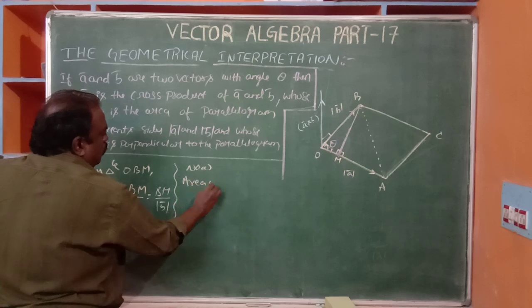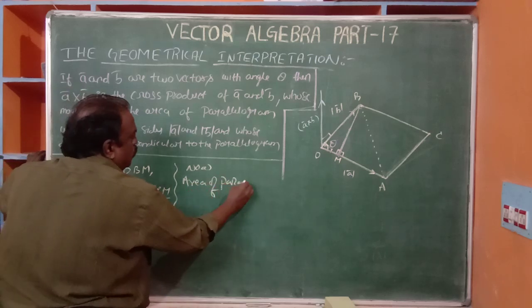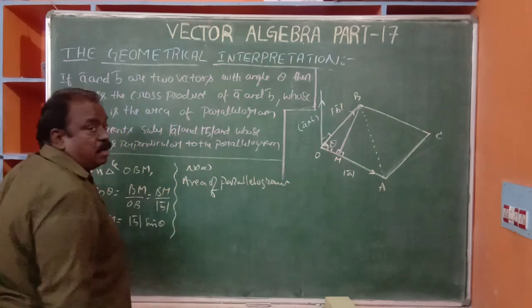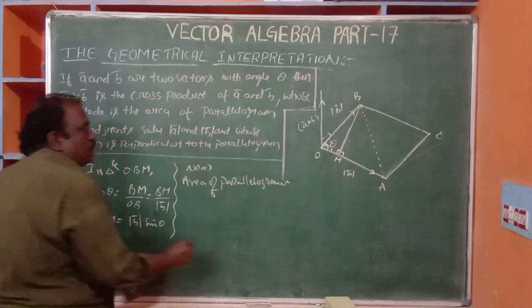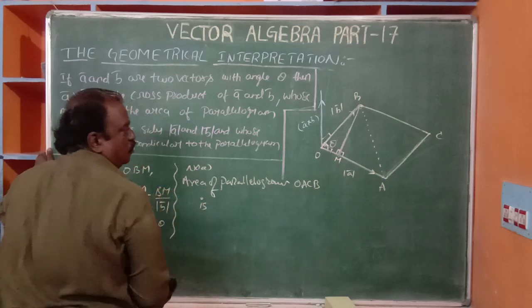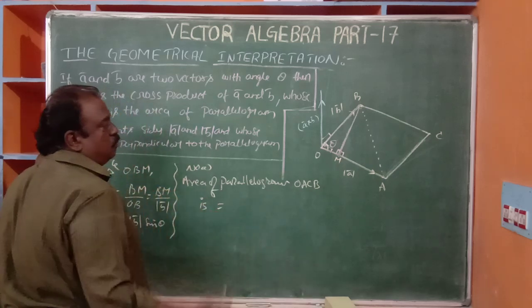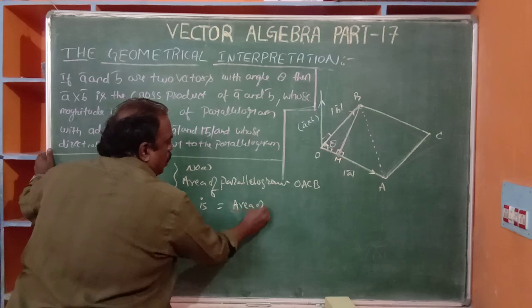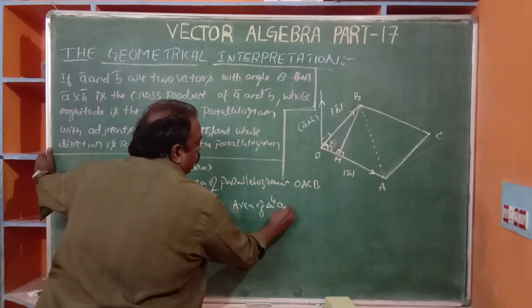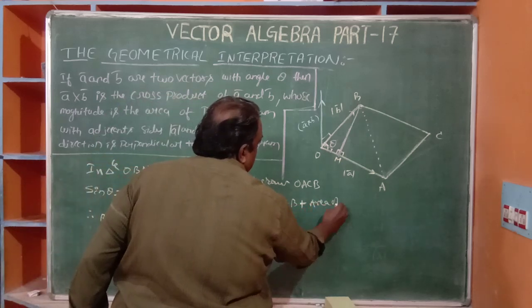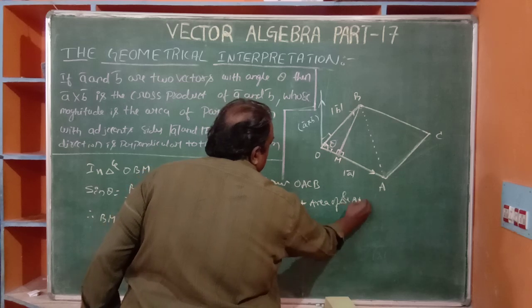Area of parallelogram OACB is 2 times, otherwise, area of triangle OAB plus area of triangle ABC.